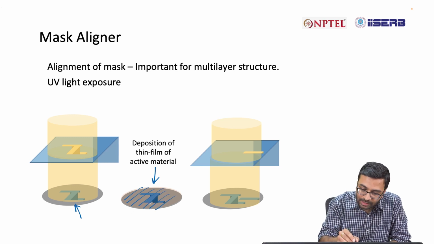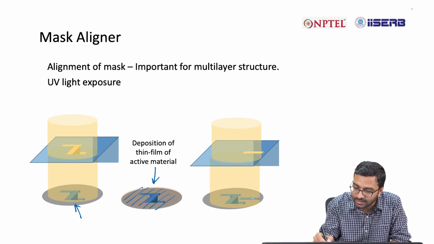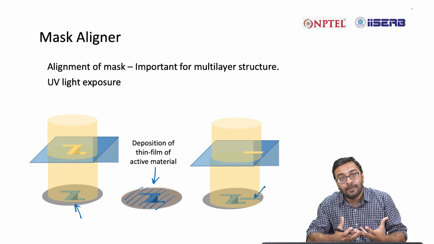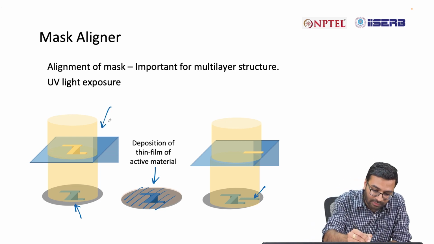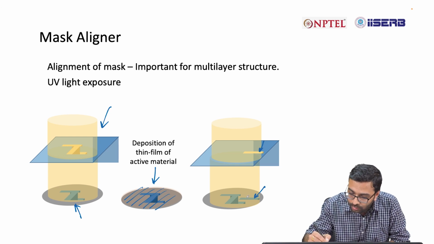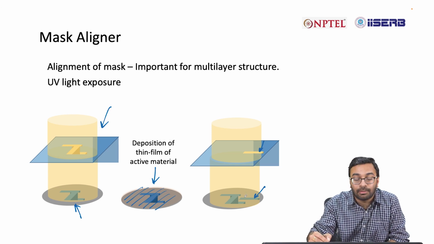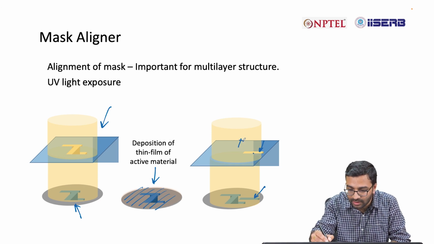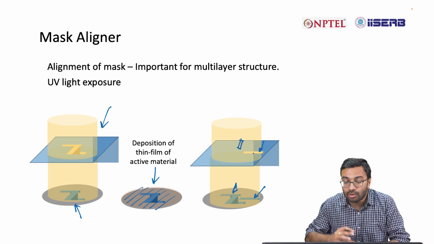Now, on top of that active material you need this pattern to be deposited. So, you can use again a new mask and follow the process we have used over here, but in this case you have to align this shadow as per your requirement. You can't just randomly put it, because if this shadow is in this direction, then the electrode will be deposited in here. So, you have to align it.